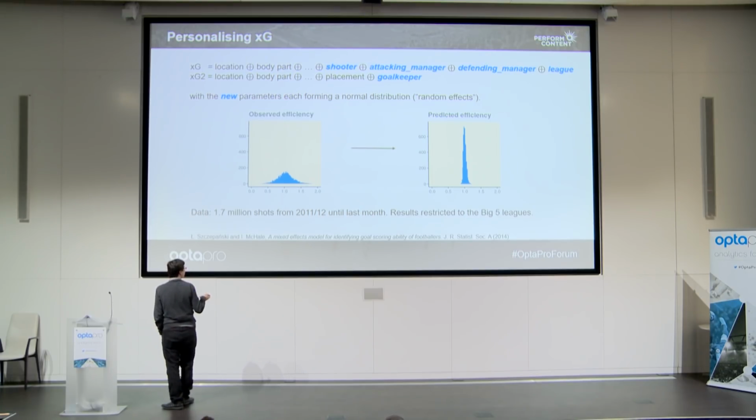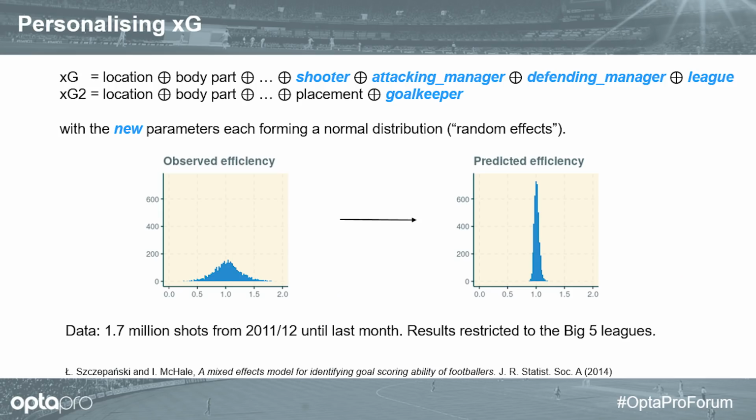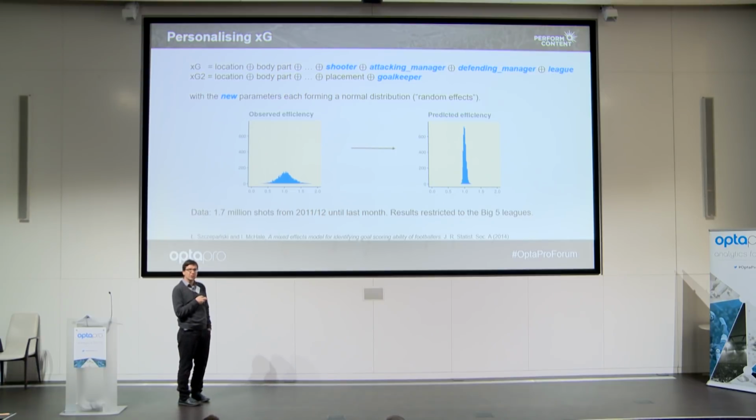If you want to read more about this kind of modeling, you should check out this paper by Łukasz, who's here in the audience. This is very similar work, but there is no XG component in it. So this work talks about all shots being equal.